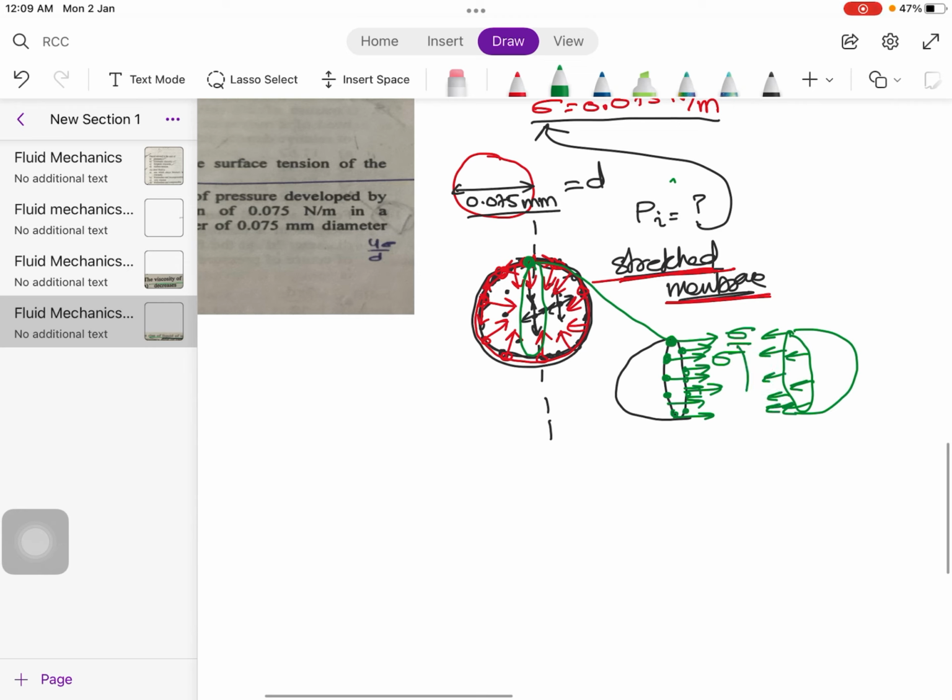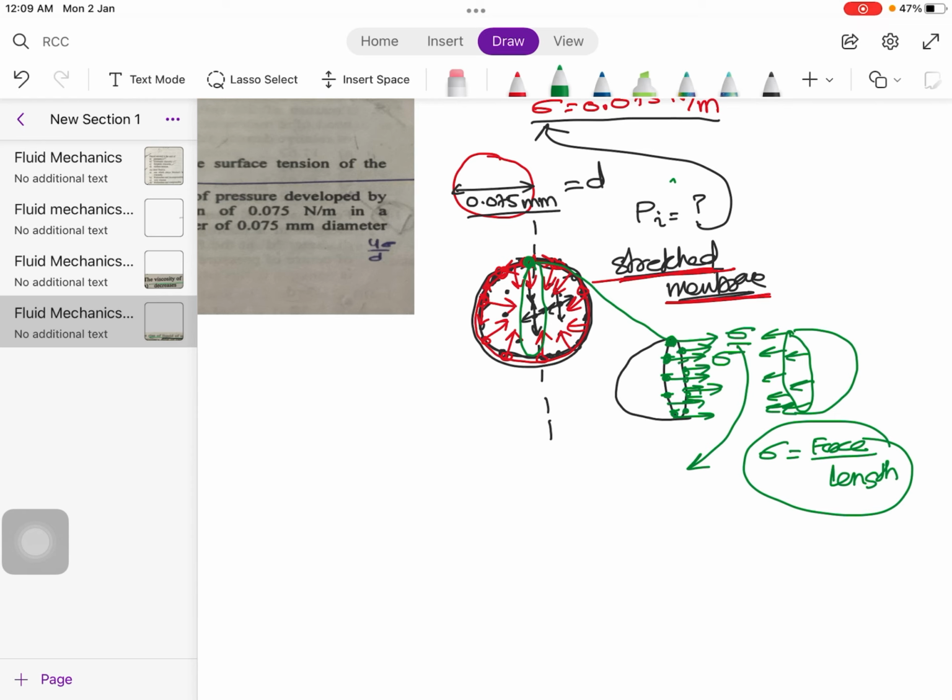Now, the surface tension is the force per unit length, or it is the force which is acting over every unit of this circumference.